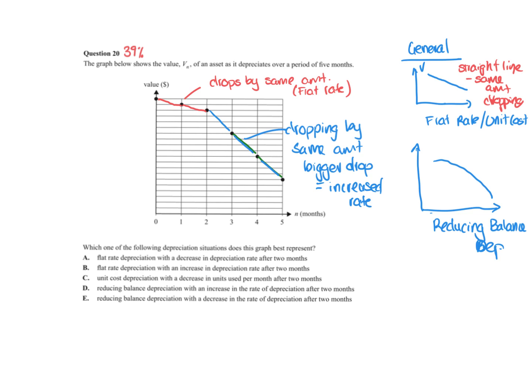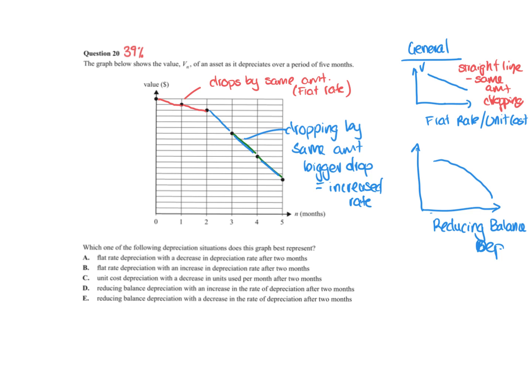So if you go through these, it says which of the following situations. A flat rate depreciation with a decrease in depreciation rate after 2 months. Did the rate decrease after 2 months? Did it drop by less or drop by more? More.